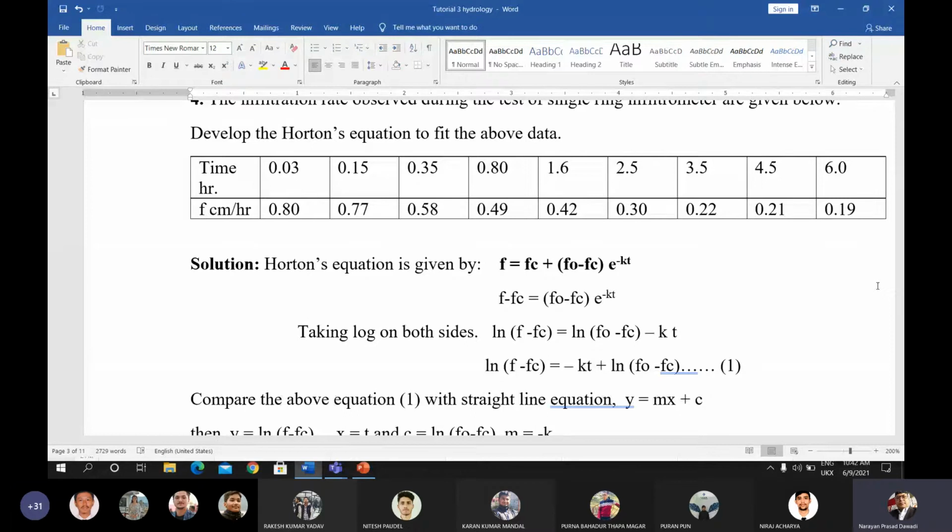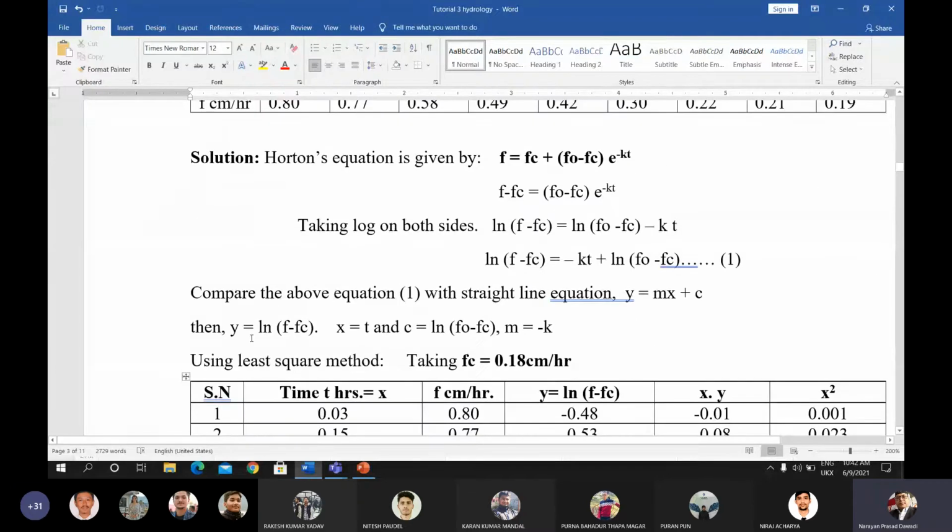So I have chosen a value just smaller than 0.19, as 0.18. I have chosen 0.18 as the constant rate of infiltration for this data.